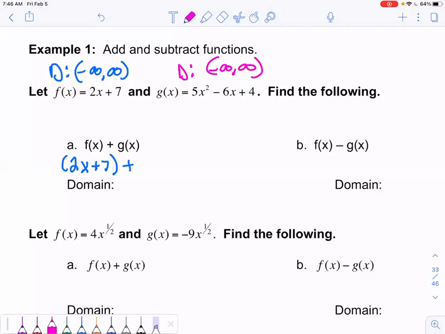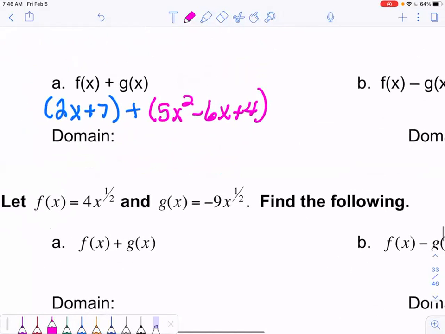We're adding that to the quantity 5x squared minus 6x plus 4. So I now have two functions that we're adding together. You're still just combining like terms. So look across, what are your like terms? That's what you're combining together.